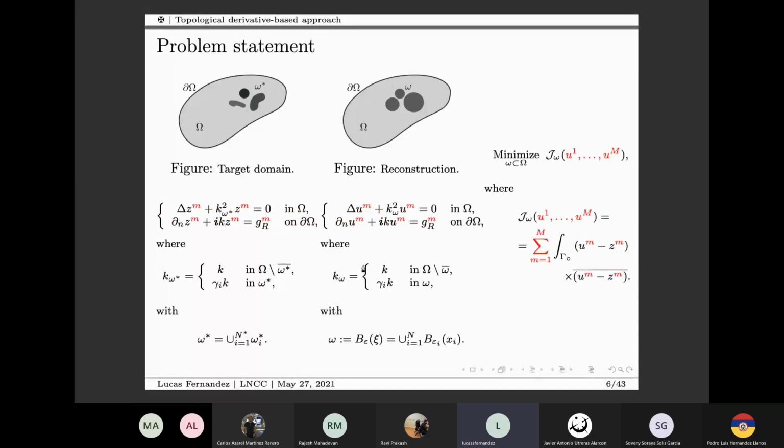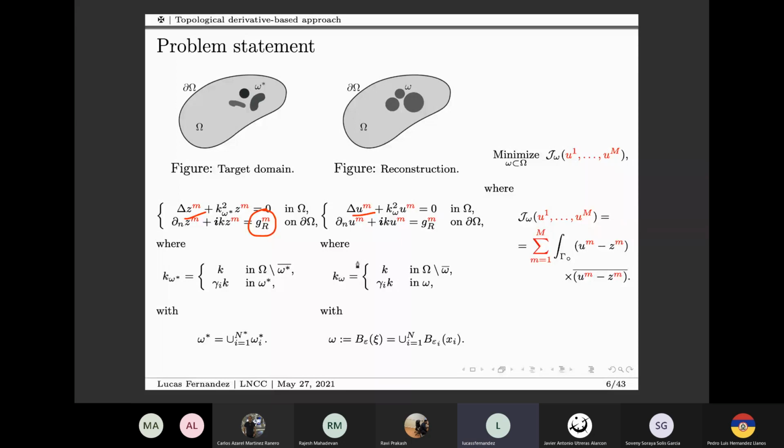However, the reconstruction can be performed from several measurements. For this purpose, it's enough to impose different functions gr as Raw Bin data. For each function gr, I collect the respective solutions z and u, and in this way I have much more information to reconstruct the set of obstacles.